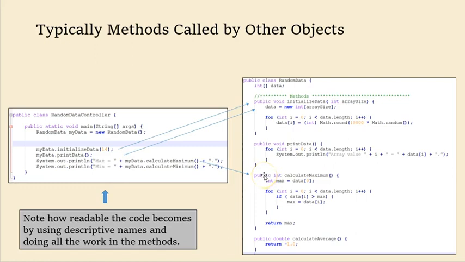But here we have public, everybody can use it, and int, which means it returns a value, calculate maximum. And we run through that little algorithm that we talked about before to find the maximum, and sure enough, return max, it returns the maximum value.